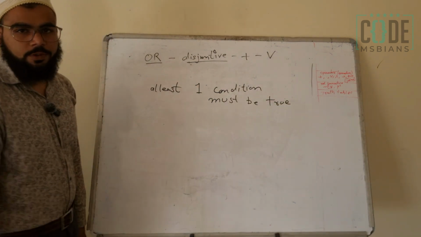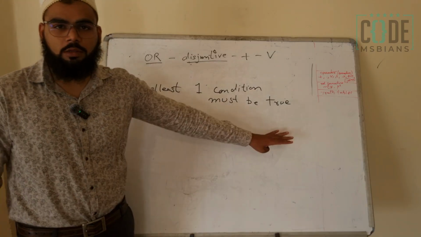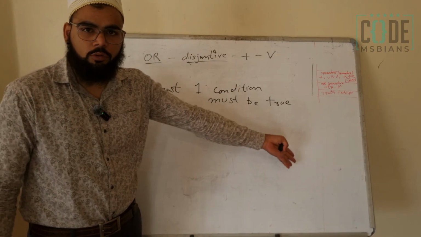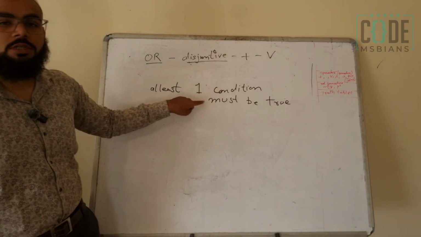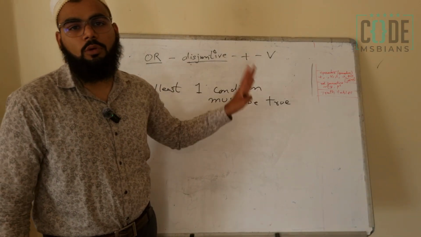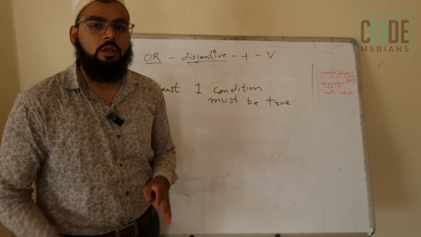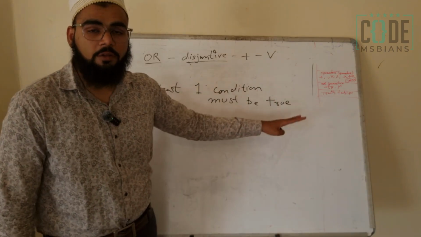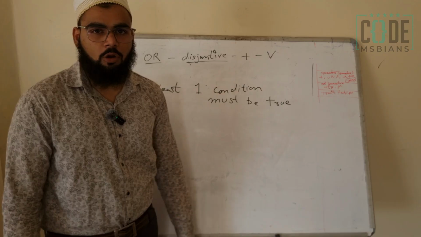If one condition is true, then the result value will be true. If all are true, then it's good, the result will be true only, but here at least one condition must be true. But coming to AND, when we discussed the AND operator, only if all the conditions are true, AND gives the truth as the output.